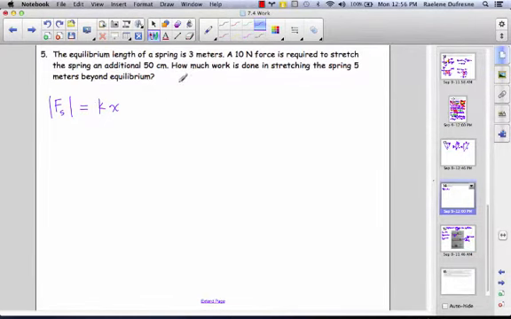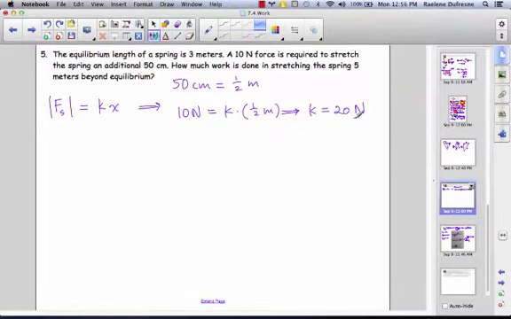So we know that equilibrium position is 3 meters, and we want to stretch the spring an additional 50 centimeters, and we have to convert 50 centimeters into meters. And so we know that it's going to require 10 newtons of force to produce a displacement of 1/2 a meter. And as a result, k is equal to 20 newtons per meter.